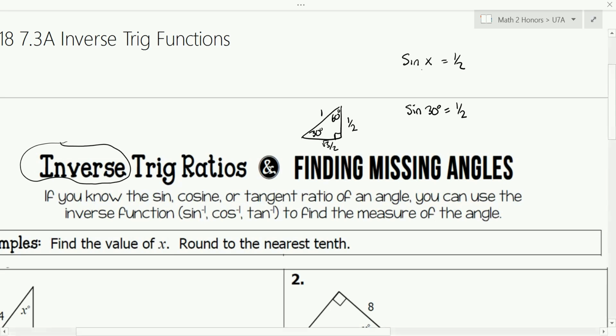So it looks a little funny, but the inverse of sine is written sine with a little -1. So it's not the sine, it's the inverse of sine. It does the opposite of what sine does, and you actually feed it a side length. If you type that in, that will kick out an angle for you.